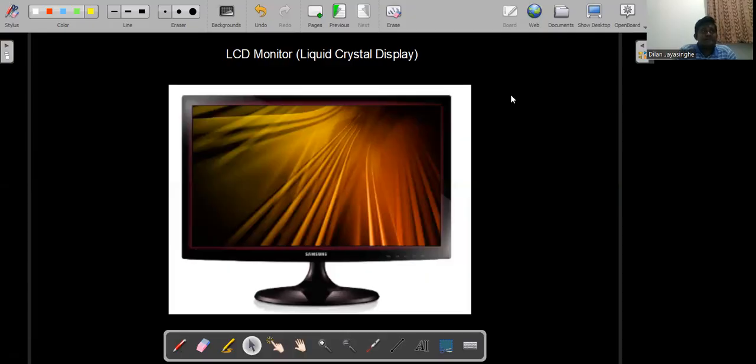But next day, I will explain to you all what these layers are and how this image is generated, according to the signals that come from the system unit.